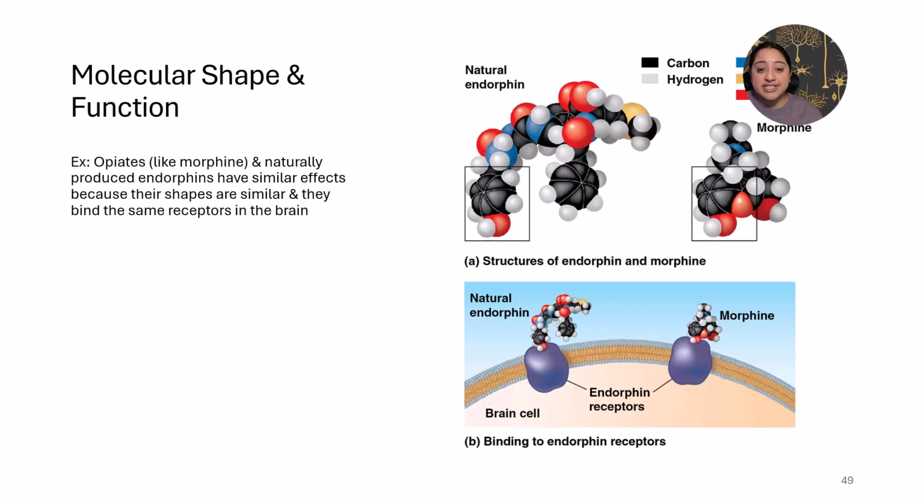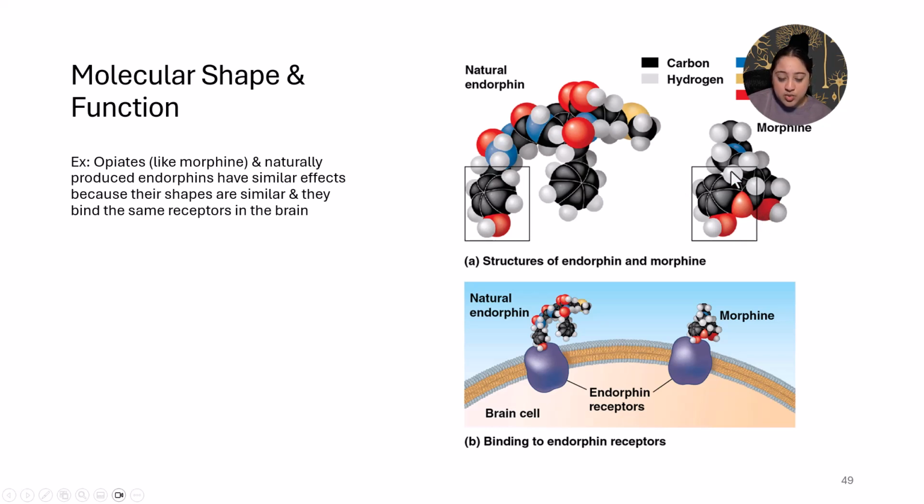So one example is opiates, like morphine. At one part of an opiate molecule, the shape and size can be very similar to a naturally occurring endorphin. So naturally produced endorphins have a very similar shape at this one part, right?